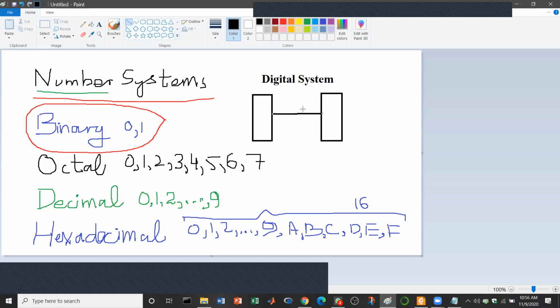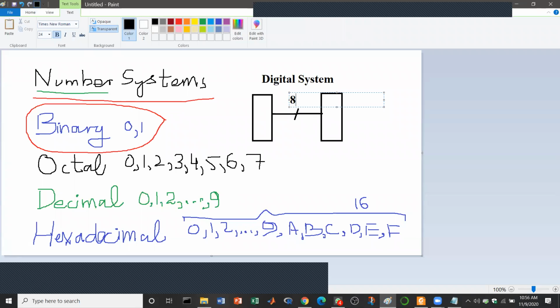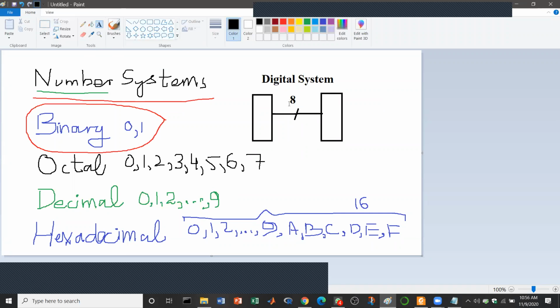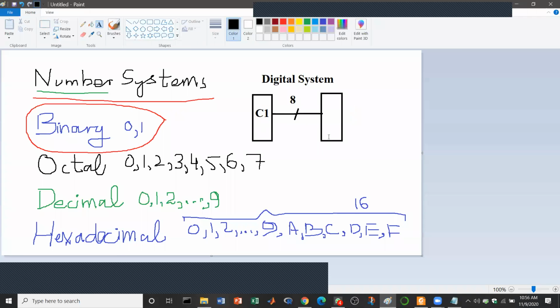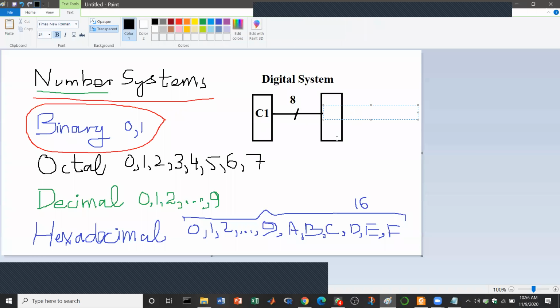So these are a total of 8 lines which connect component 1 inside a computer or a digital system to component 2.